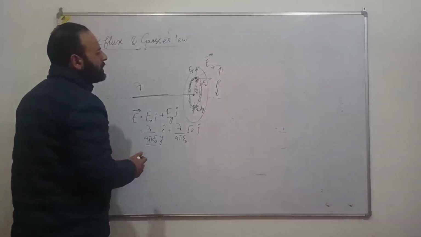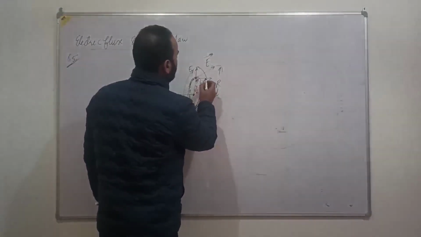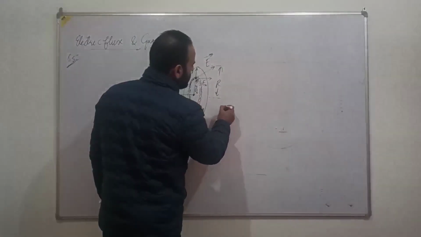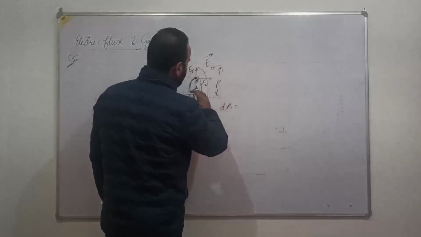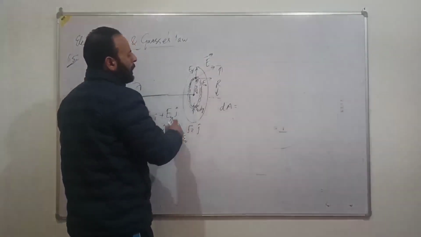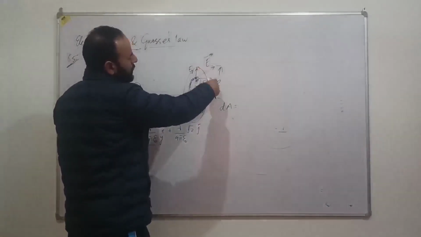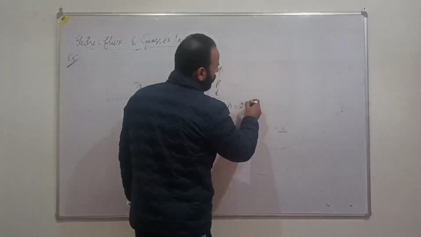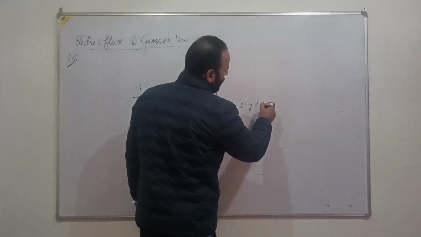The area of this ring element is dA. Since the thickness is dy and the circumference is 2 pi y, dA is 2 pi y dy.